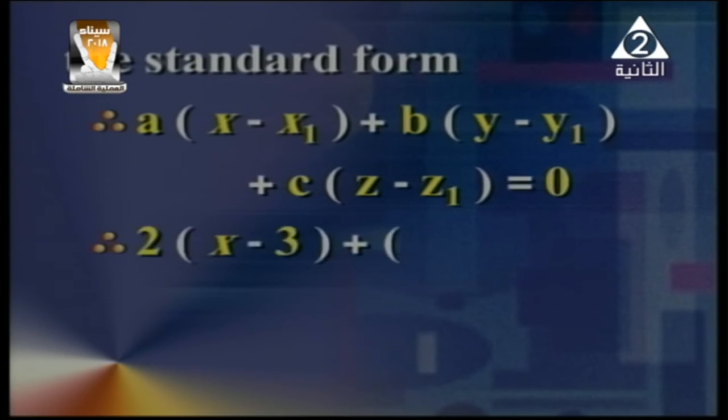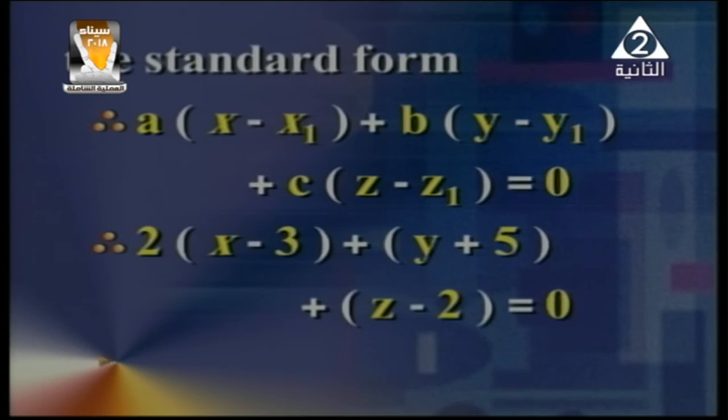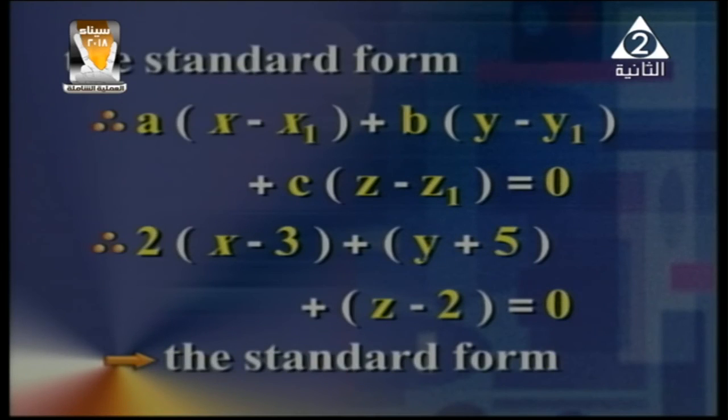By substitution, we deduce that 2 multiplied by x minus 3 plus y plus 5 inside the bracket plus z minus 2 equals 0. This is called the standard form. By substitution for a, b, c: a equals 2, b equals 1, c equals 1, so a, b, c is n.